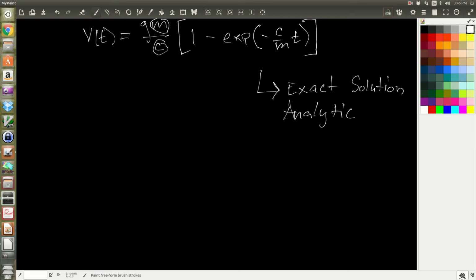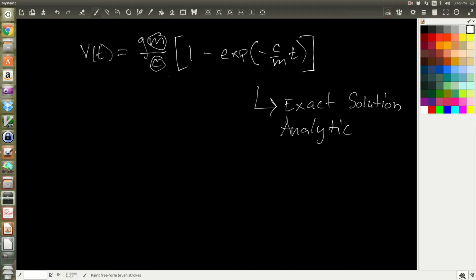One of the first reasons is that this exact solution is only valid for one set of parameters, c, m, and g. So, for example, if c, m, or g change, then our solution is no longer valid.